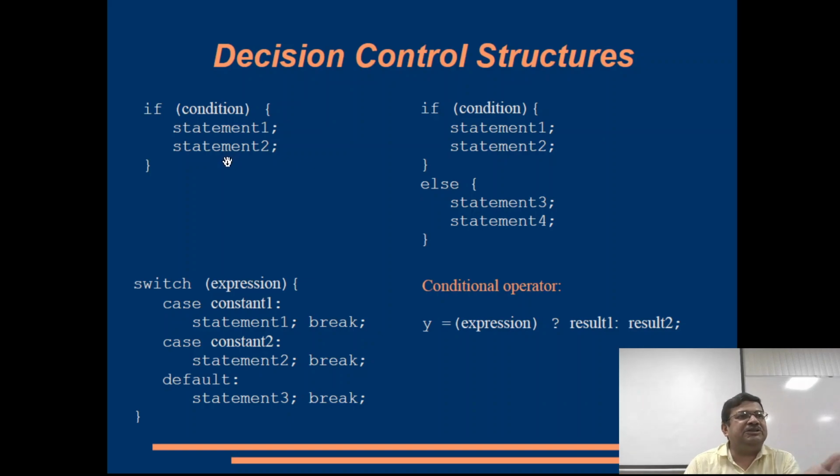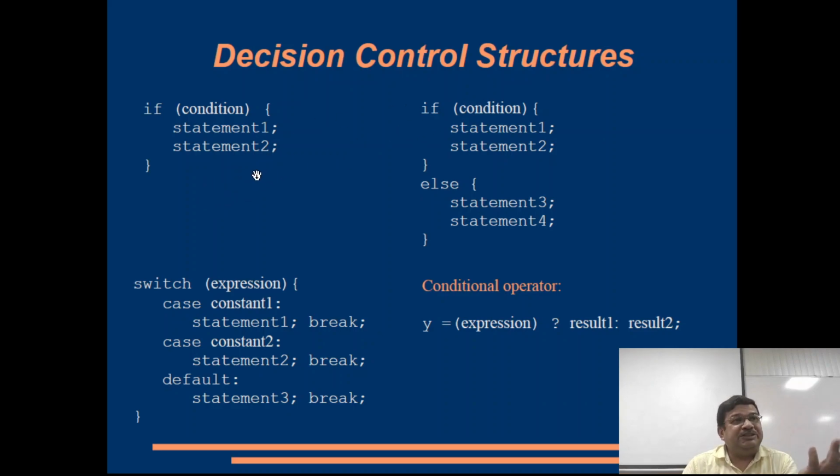Only if some test evaluates to true, then execute this. Otherwise, these statements will not be executed at all. The control will just fall through to the next line. If this condition evaluates to false, then these will be ignored and the control will fall through to the next line in the code, right?